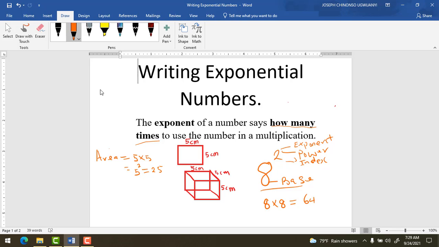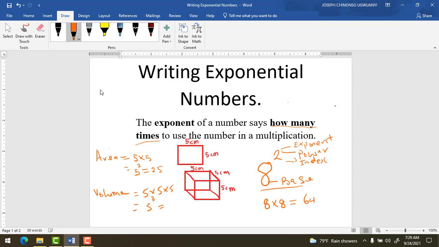What of this one? A cube with length 5 cm, width 5 cm, and the thickness 5 cm. Here we talk about the volume. Volume of the cube will be equal to 5 times 5 times 5, which is of course equal to 5 exponent 3.